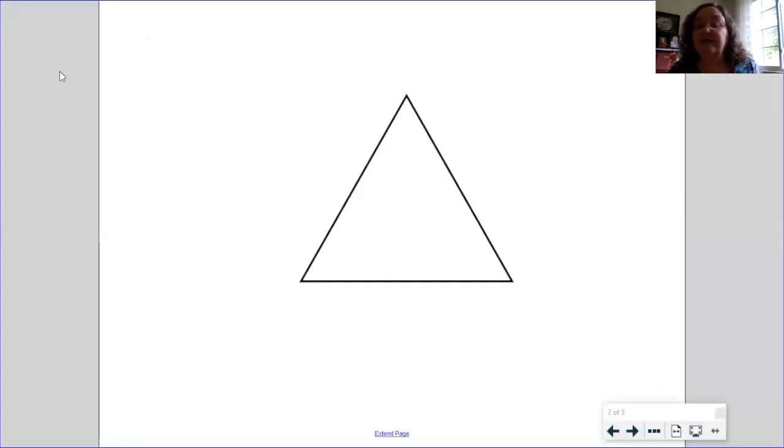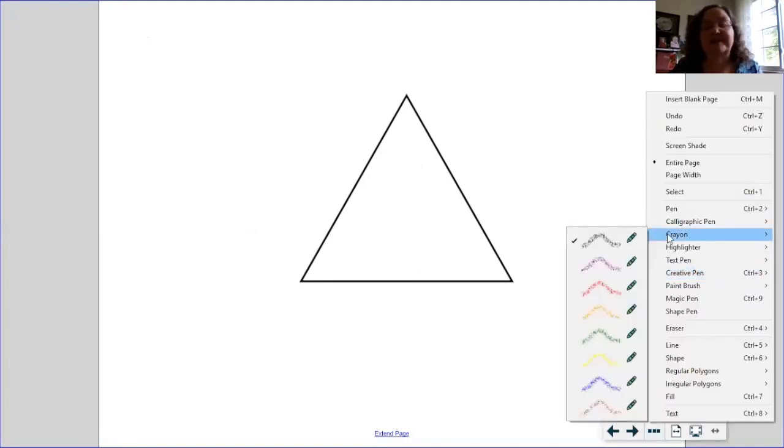So now, looking at your paper, your handout, because Ari, Charlotte, and Cash said their favorite shape was a triangle, I figured we would take our crayons and color the outside or the perimeter of our shape, triangle.